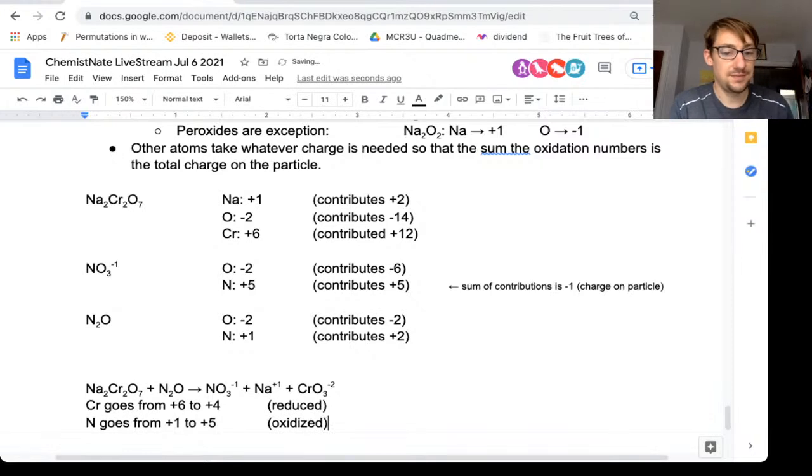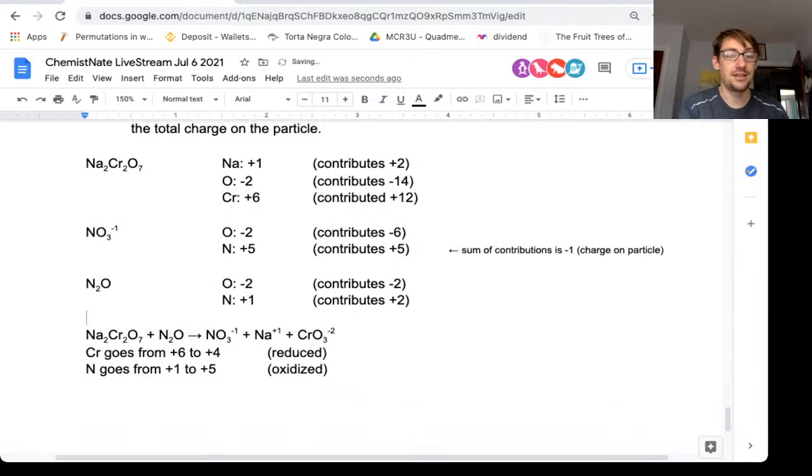Now officially, that means that it's N2O that is the reducing agent, because that's where the nitrogen is that is oxidized. And Na2Cr2O7 is the oxidizing agent because it contains the atom that is getting reduced. It's one of those little mind twisters in case you're being asked about reducing and oxidizing agents. I feel like I've answered that question.